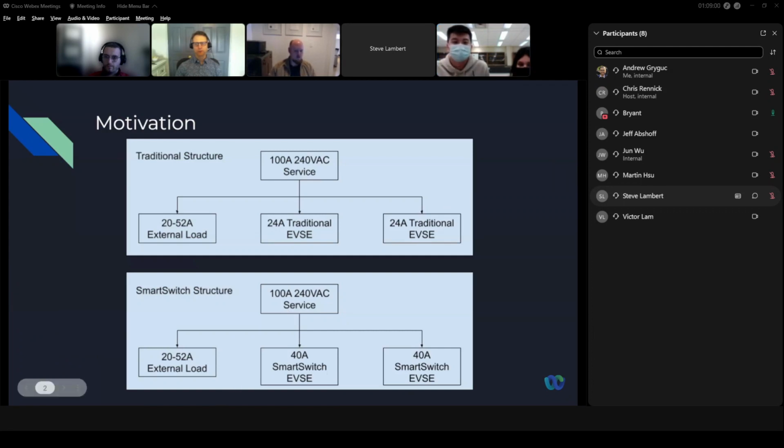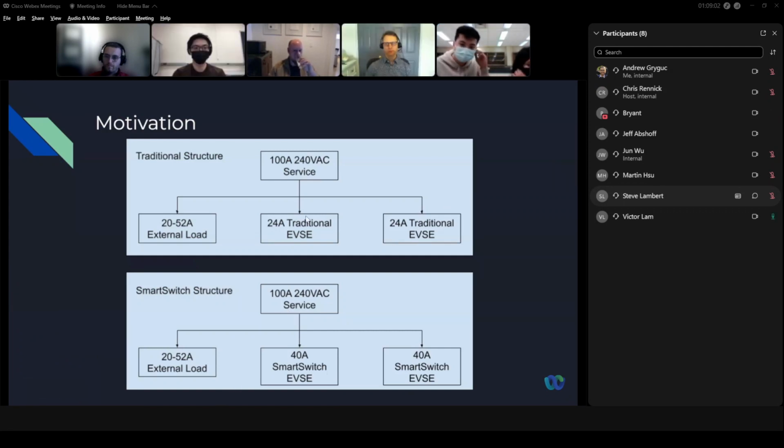The problem that we're looking to solve is that a lot of people are starting to adopt electric vehicles, but the charging infrastructure behind it is not ready. Typically, most households have a service current maximum of roughly 100 amps, and this limits the number of cars people can charge at one time.